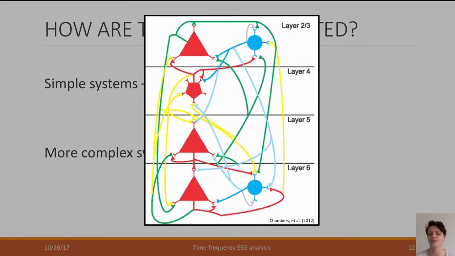And here we have a schematic of the several layers in the neocortex. It looks a little bit detailed and a little bit fiddly, but there are two main things I want to make you attentive to.